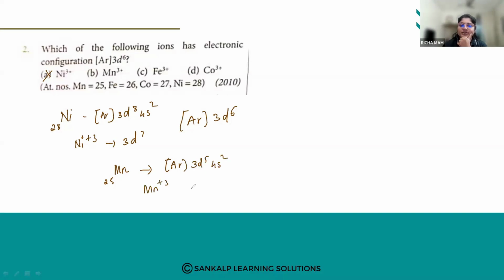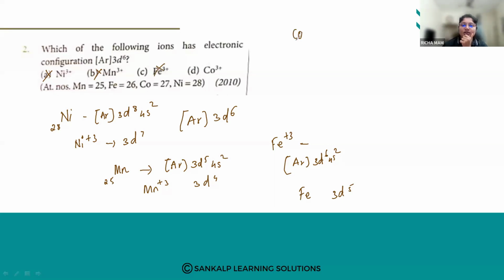Mn plus 3 means it will be 3d4. So this is also wrong option. Then Fe plus 3. Iron is argon 3d6 4s2. Fe plus 3 means it will be 3d5. So this is also wrong.